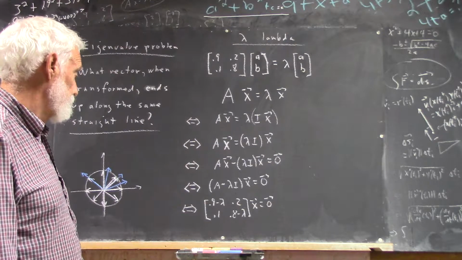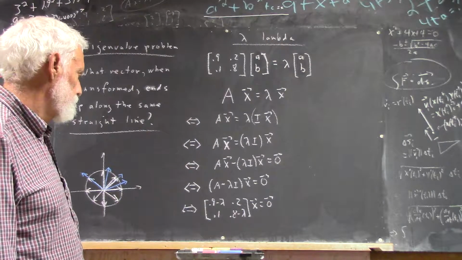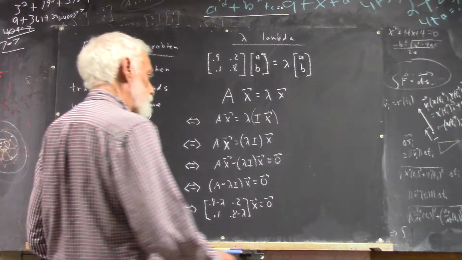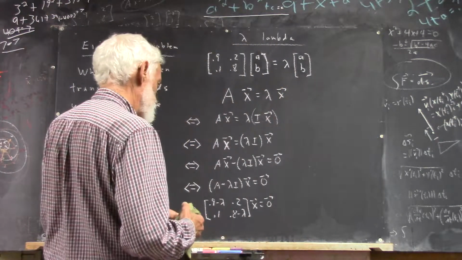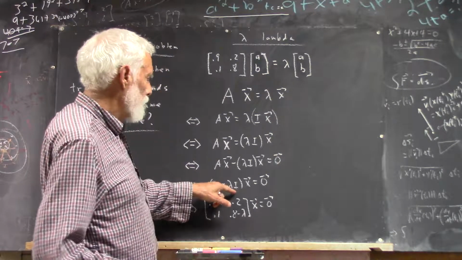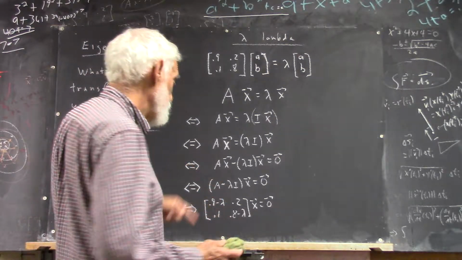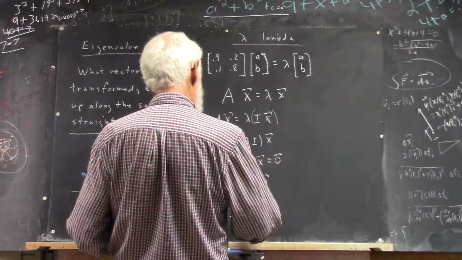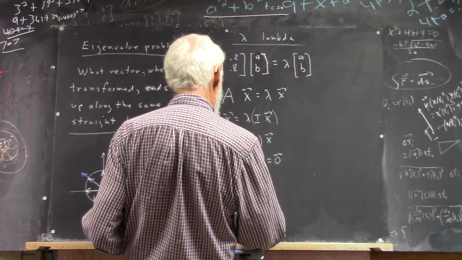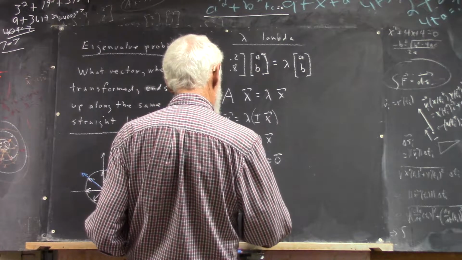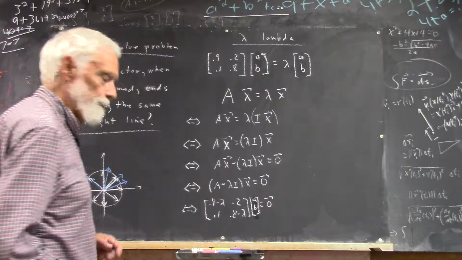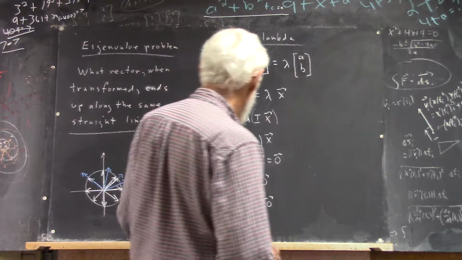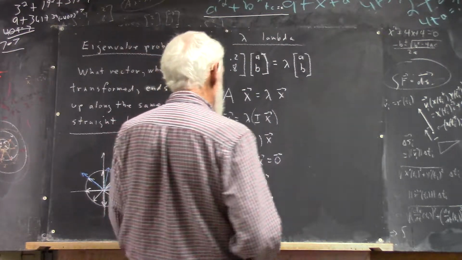And because A minus lambda I is this, I'm going to write that out. And instead of x, now I'm going to write our AB here.